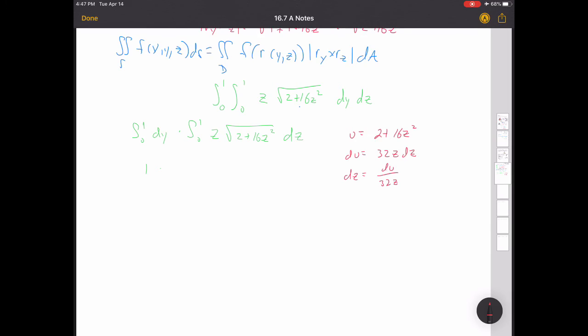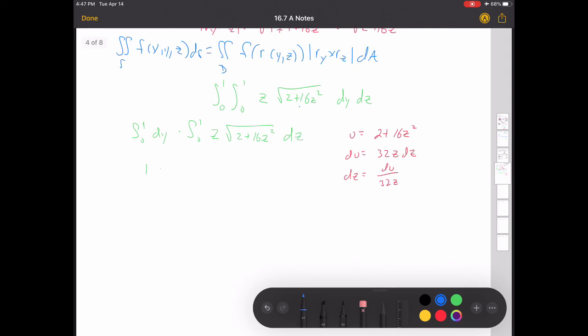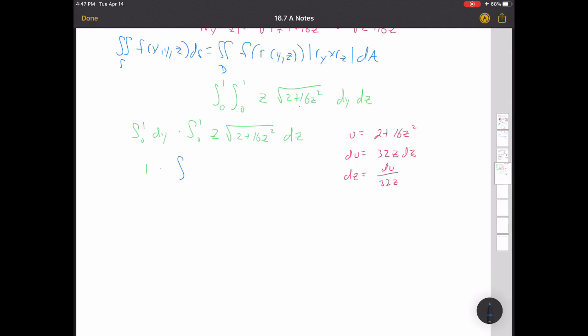I'm going to go ahead and change the bounds. So our bounds are now going to go from, let's see, plugging in 0, we get 2. Plugging in 1, we get 18. We get z square root of u, which is u to the 1/2 power, times the new dz, which is du over 32z.